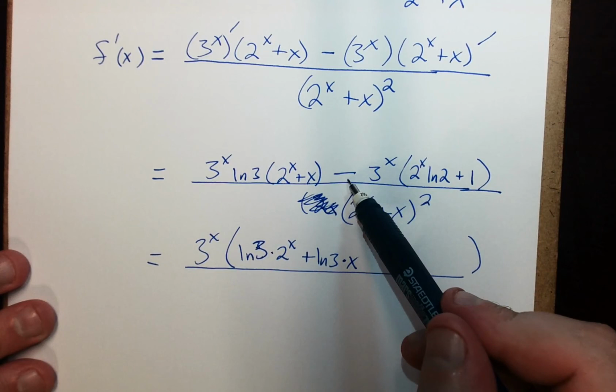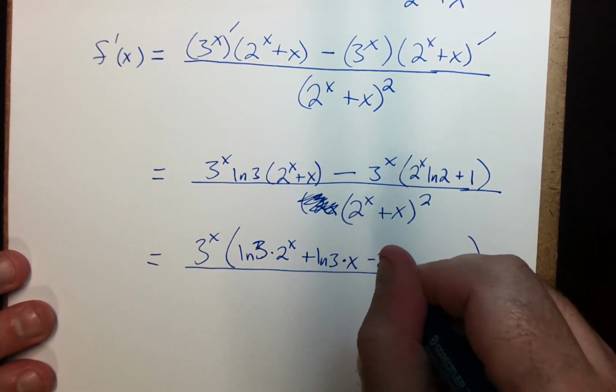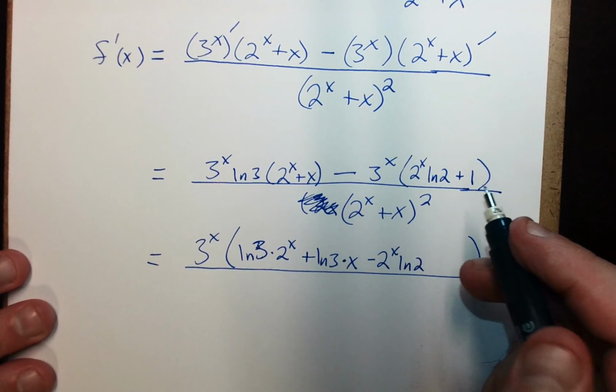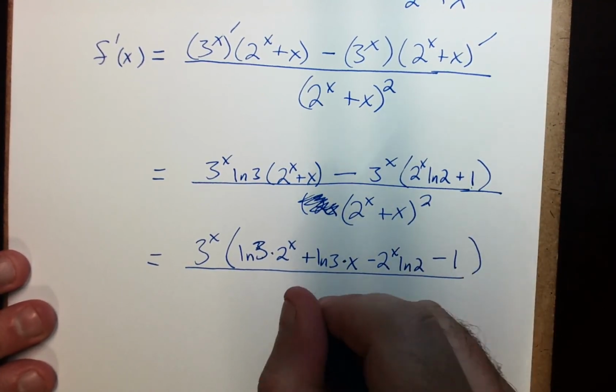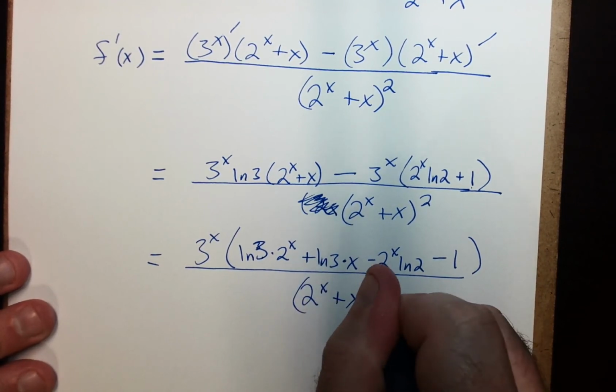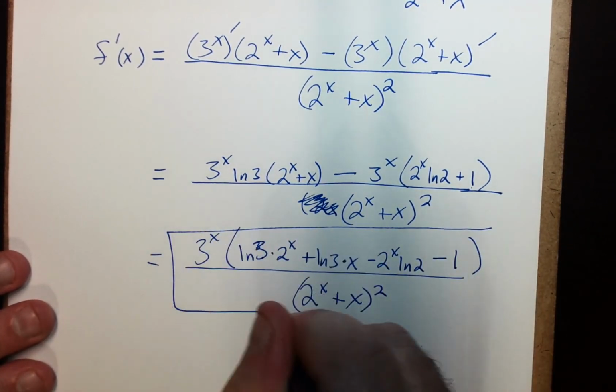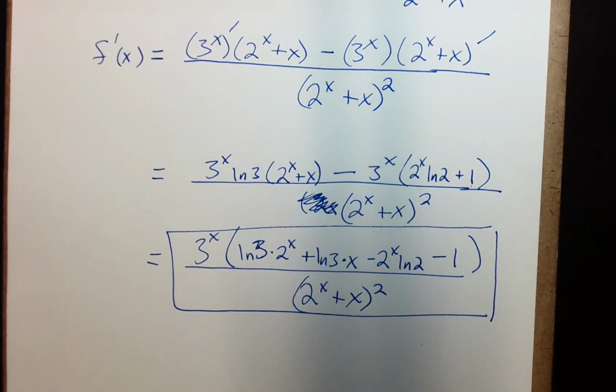Then you've got minus, well, we factored out the 3 to the x, so minus 2 to the x ln 2, and then minus 1. And that's probably as much as you can simplify that. There's not a lot you can do. All right?